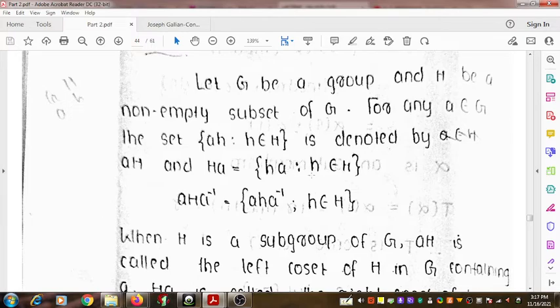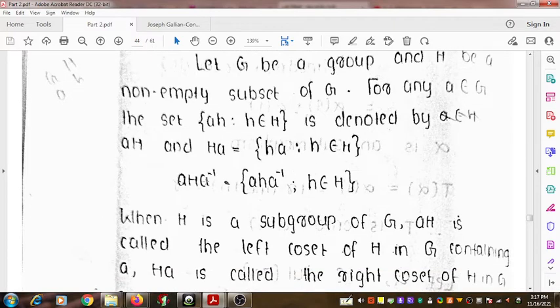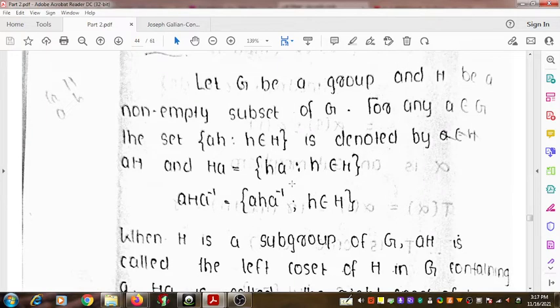Also we can define Ha inverse, the set of all h a inverse, where h belongs to H. So these are the three sets we define related to H and an arbitrarily chosen element a from G.